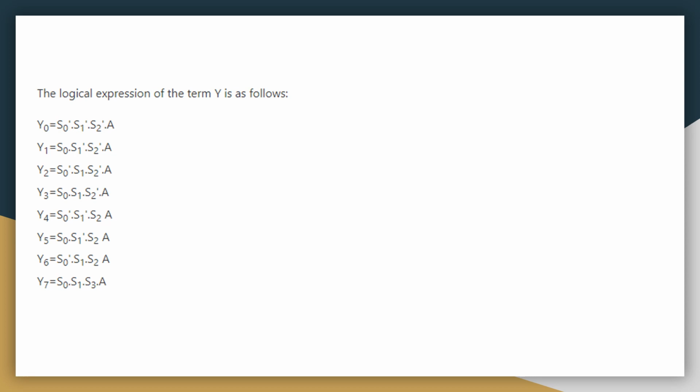Y0 equal to S0 bar, S1 bar, S2 bar, A. In the same manner, the remaining, like that, Y7 equal to S0, S1, S2, A. Once you get these equations, then easily we can draw the corresponding design part. Here I am showing the corresponding design part.